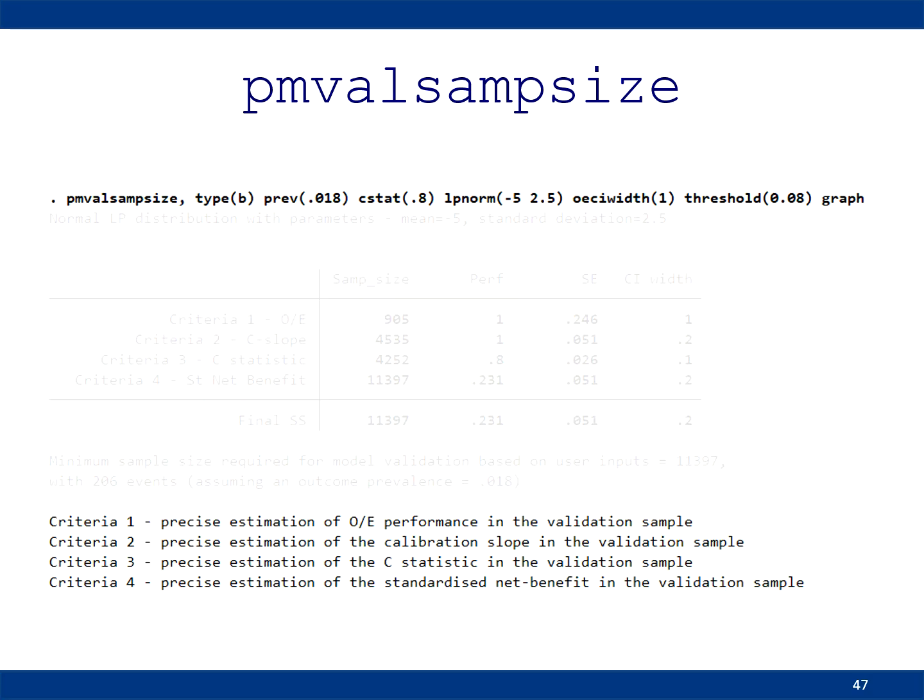So if we first just focus at the bottom on the criteria. We've got the four criteria for a binary outcome here: precise estimation of the observed expected ratio, a measure of overall calibration; precise estimate of the calibration slope, a measure of optimism and shrinkage; precise estimation of the C-statistic, a measure of discrimination; and finally a measure of clinical utility, precise estimation of the standardized net benefit.